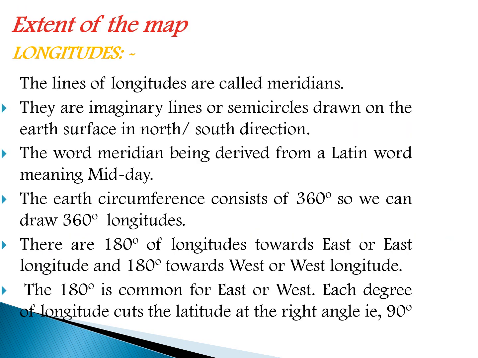Let us understand the meaning of extent of map, which is nothing but the latitudes and longitudes. The lines of longitude are called meridians. These meridians, or the longitudes, are imaginary lines, or semicircles, drawn on the earth's surface in the north or south direction.